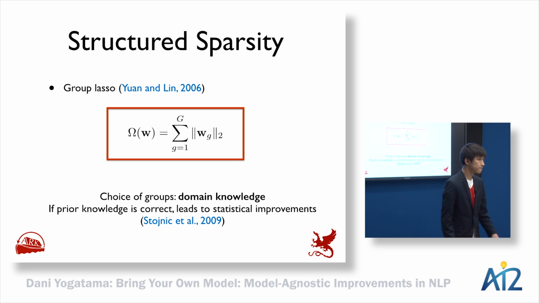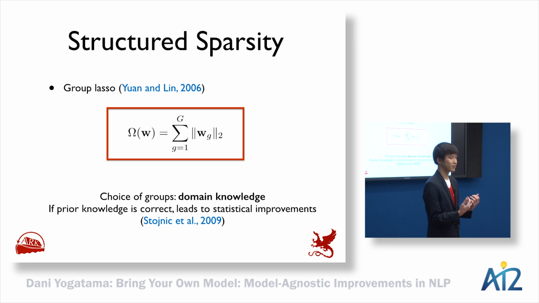Sorry, before you go on, can you give a little bit more intuition about this particular regularizer? So in the simplest case, let's say we have a bag of words, and we group by the first letter of the words. It's dumb, but we can do that, right? So this regularization function will choose a subset of these groups.